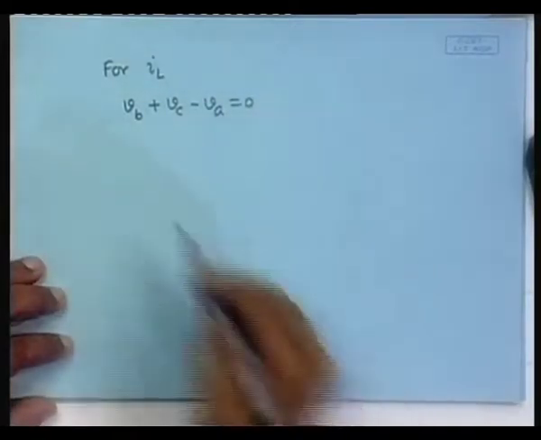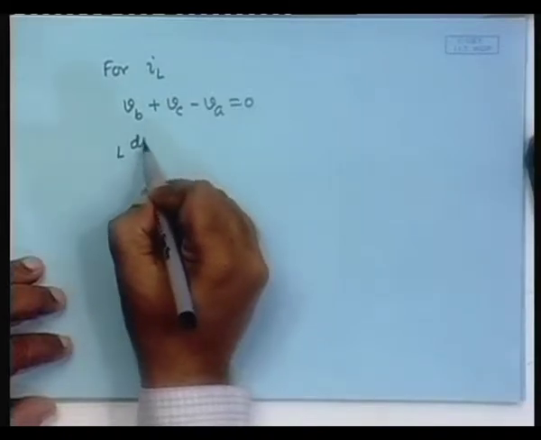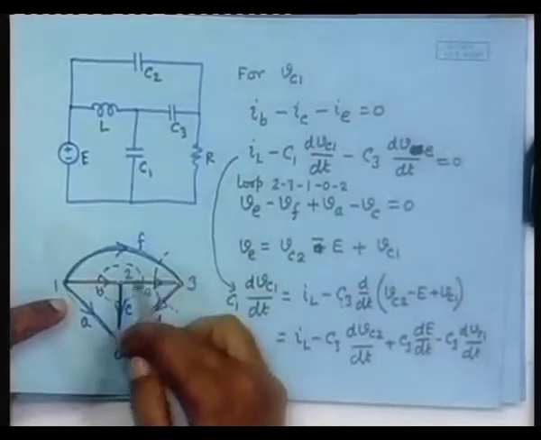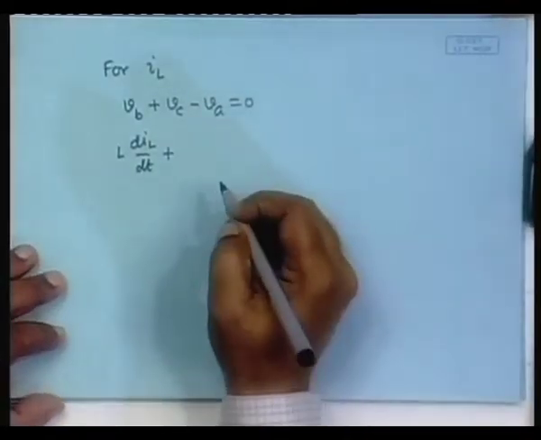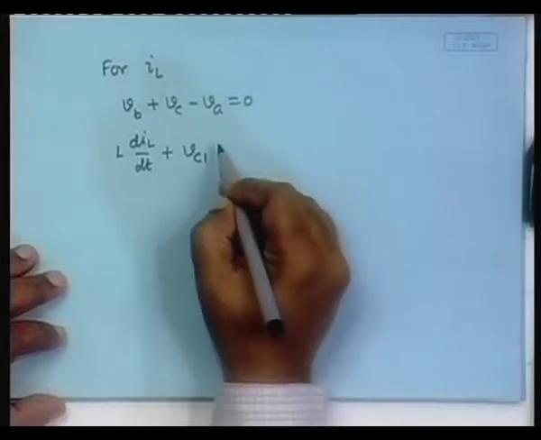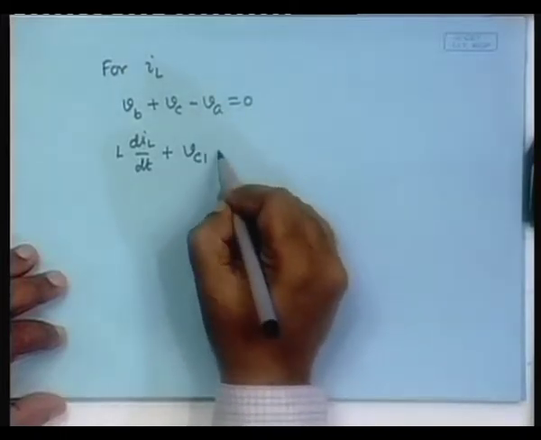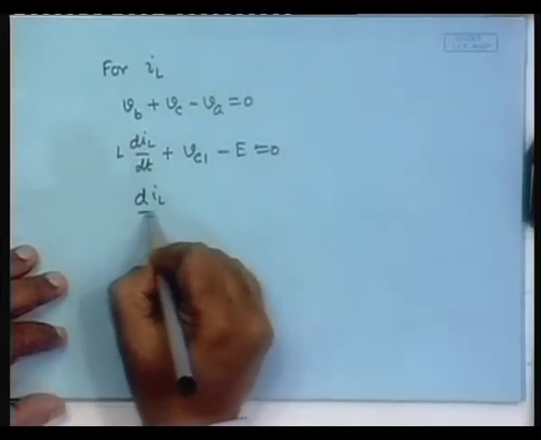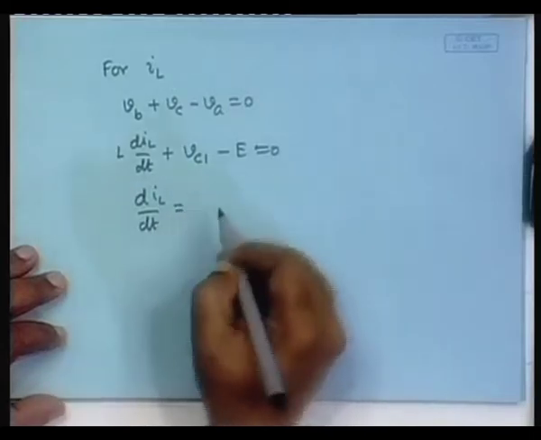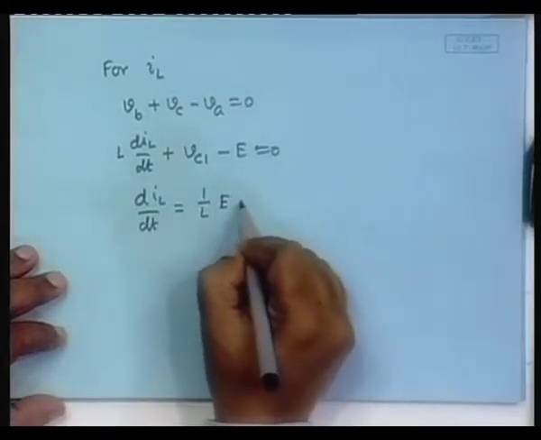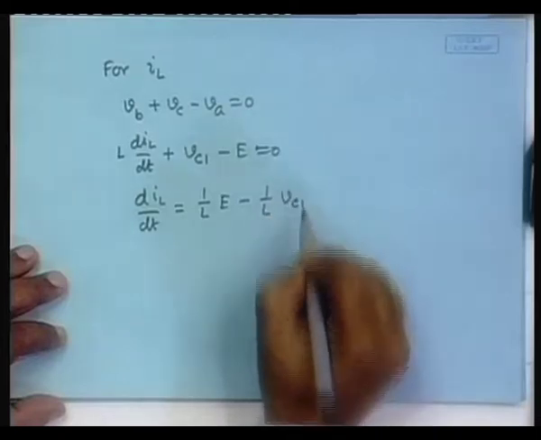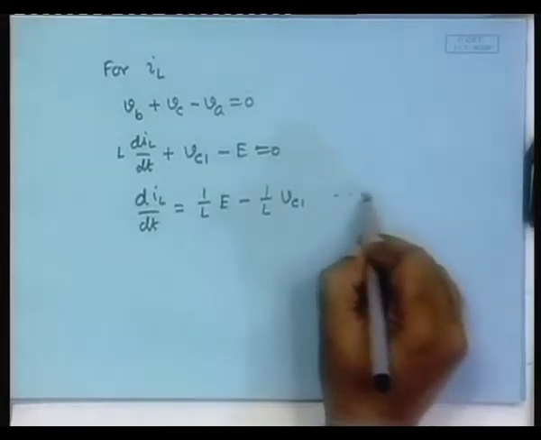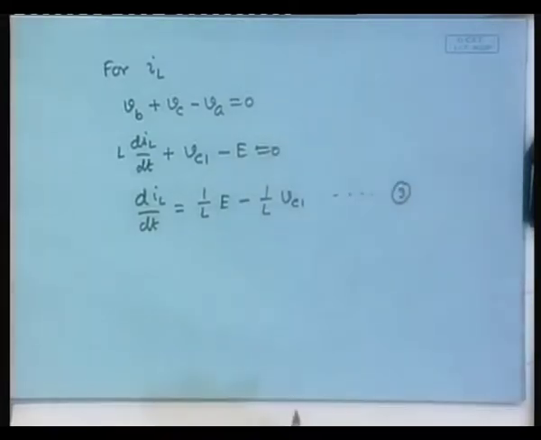Now VB is L dIL/dt plus VC is something that you already know, that is VC1 minus VA is minus E into 0. So this is simple, dIL/dt is 1 by L E minus 1 by L VC1. So this is the third equation.